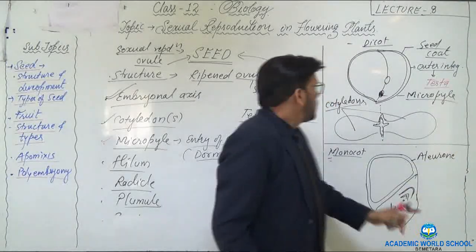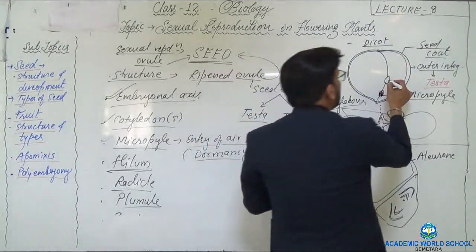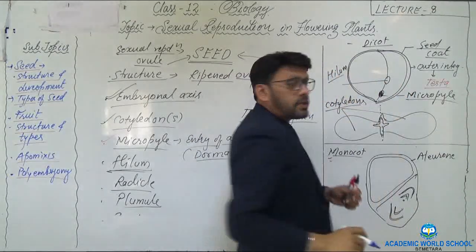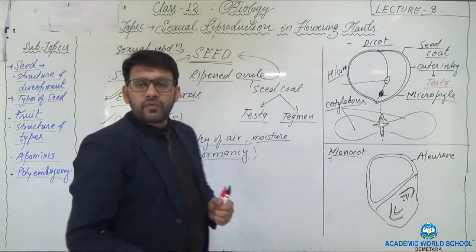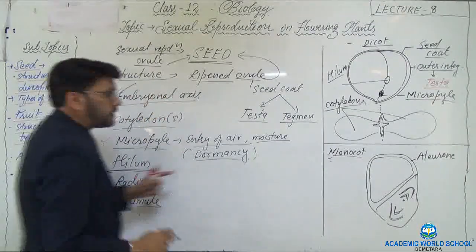Got that? Next is the hilum. Hilum is nothing but the place at which it is attached with the ovary wall. Then it has the radicle.